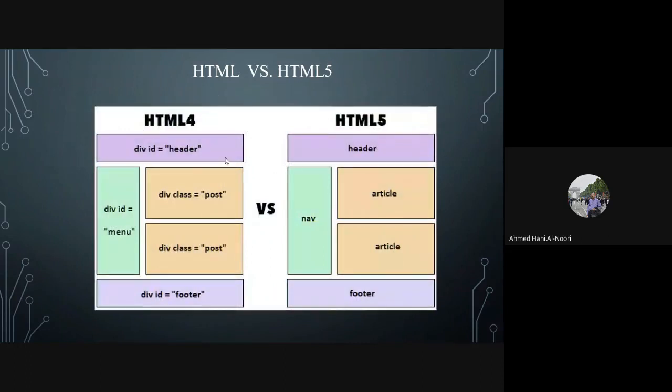This is an example of the structure of the two kinds of HTML. Here we can see HTML4, and here we can see HTML5, and we can see the difference between the structure of both of them.